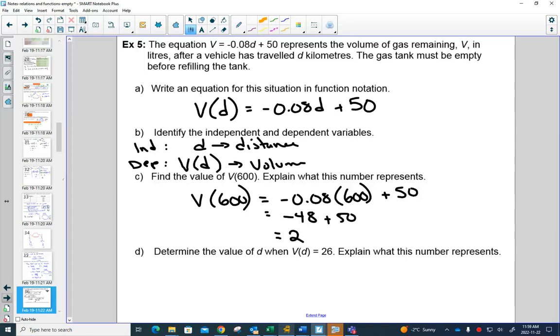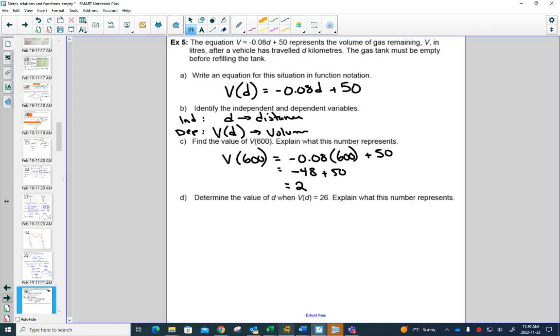These are the ones I find that students have the most trouble with. This V of D equals 26. Again, if you think about the machine and you plugged in D, you would actually get the formula negative 0.08 D plus 50. But now we know that it's equal to 26.